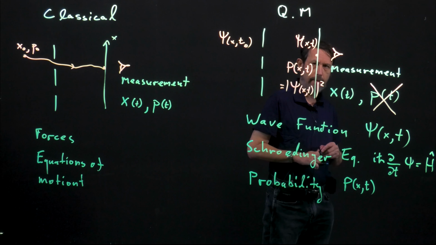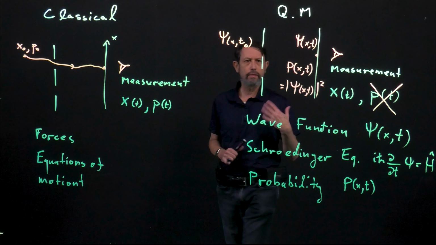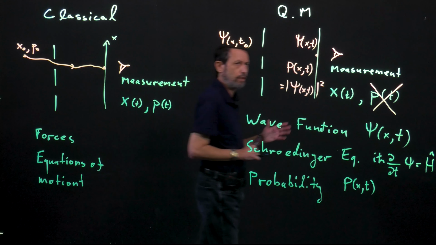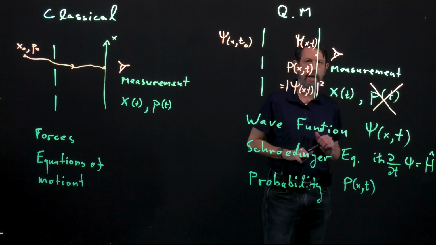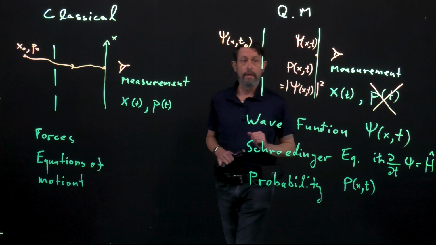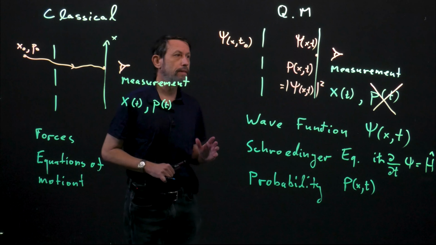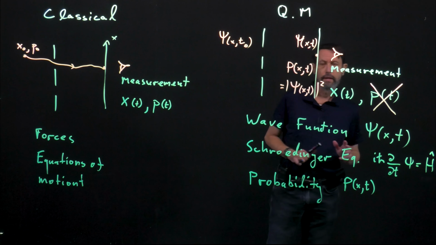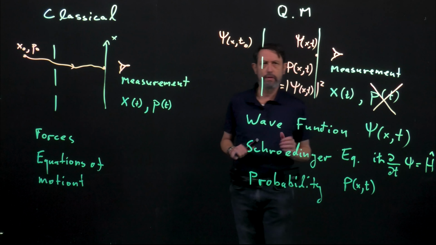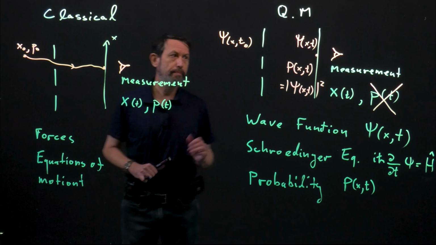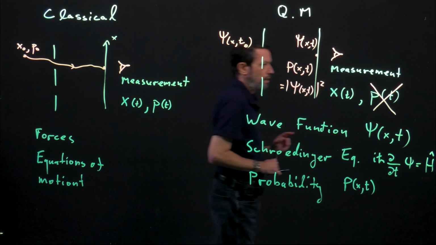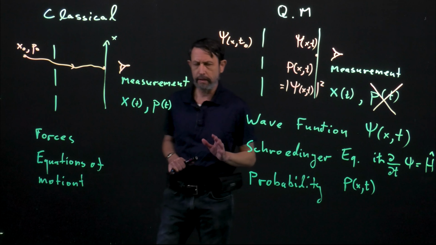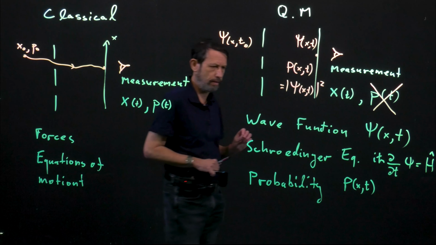So we have a probability to see the electron at the screen at some position x, and that's actually our measurement. Now, the measurement does something very interesting. You may have heard about it as the collapse of the wave function. It's a very tricky and delicate point, and I'll expand on it in the next clip.